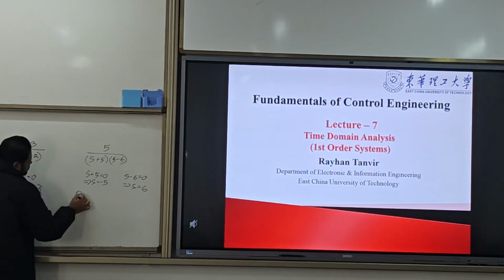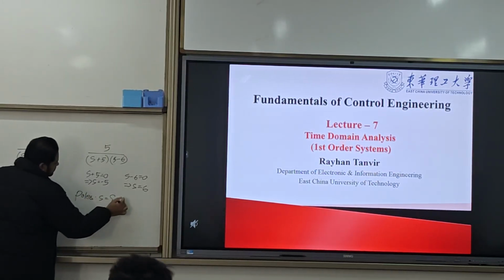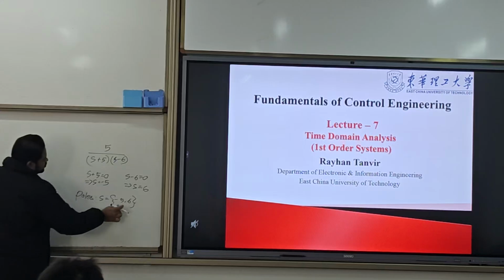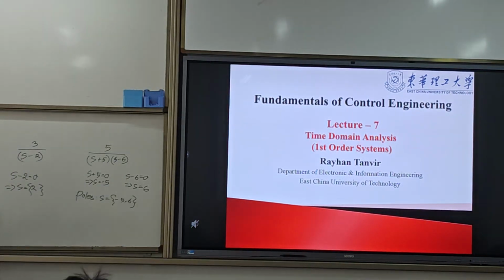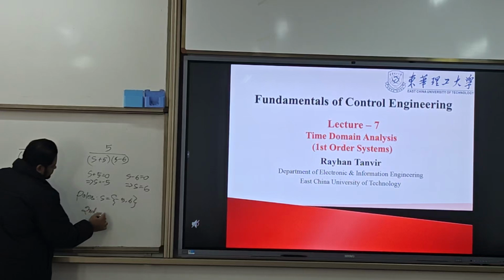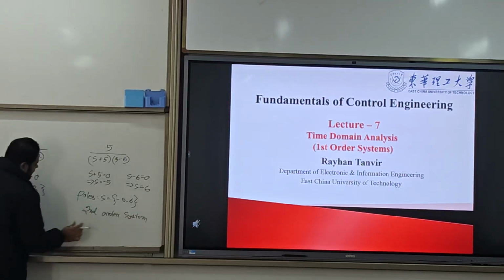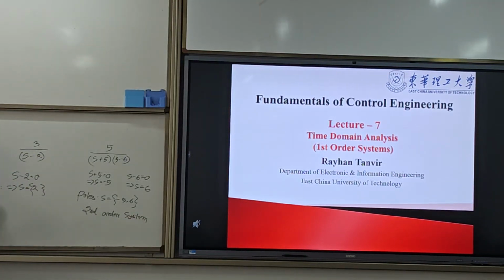So the poles here are minus 5 and 6, two poles. That is a second order system. And we have one pole here, that is a first order system.